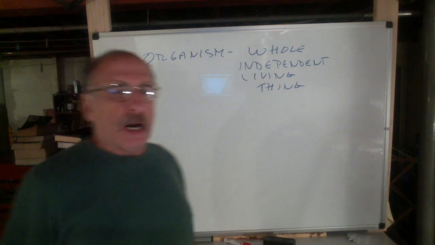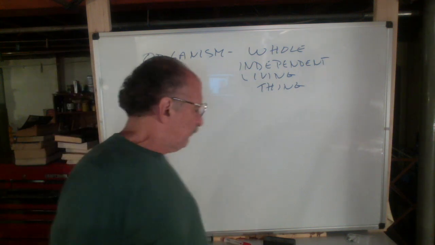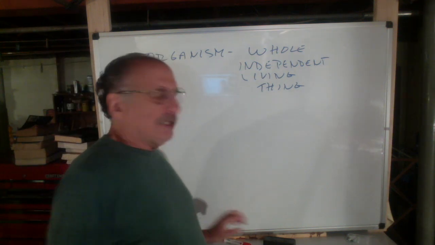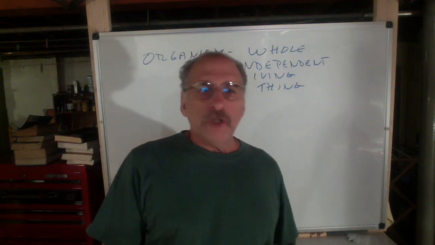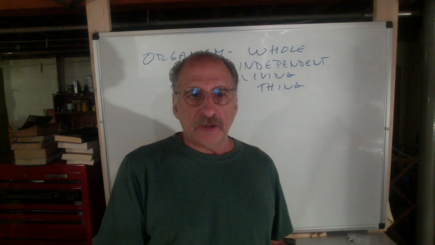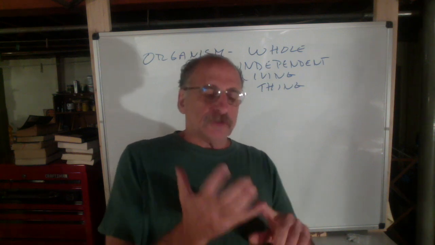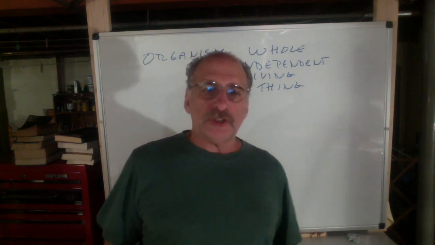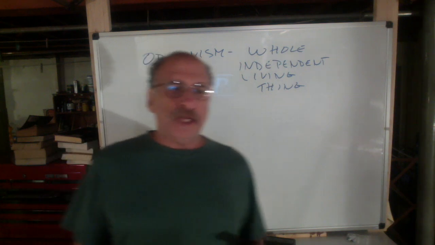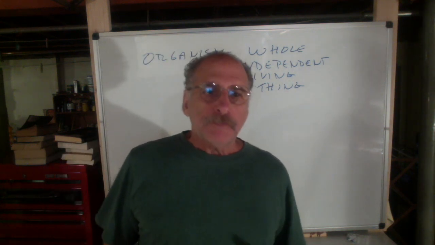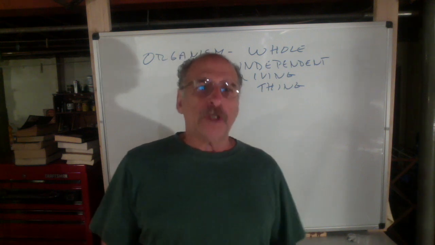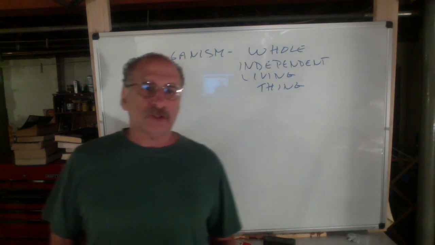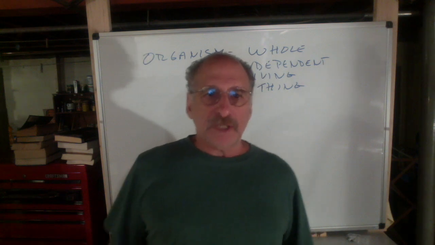Notice that the quality of this definition is different than the preceding definitions for the other levels, which, except for the cellular level, the other levels, tissue, organ, and organ system, were all defined by what makes them up. A tissue was defined as being made up of cells. An organ was defined as being a structure made up of more than one type of tissue.